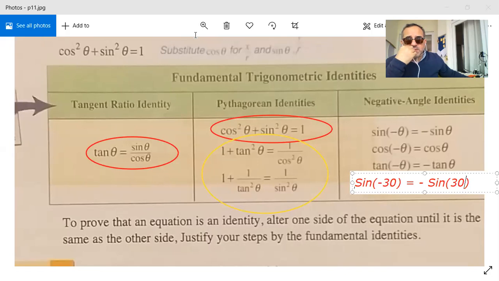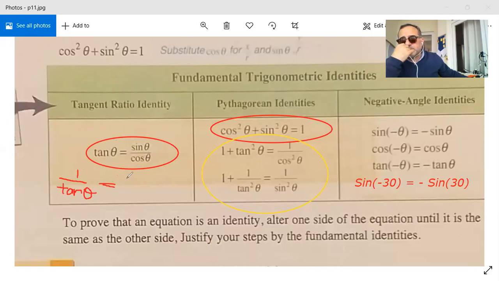Let me write it. I change the color. As you see, tan theta equals sine over cosine. What is the value of 1 over tan theta? Cosine theta over sine theta, very good.